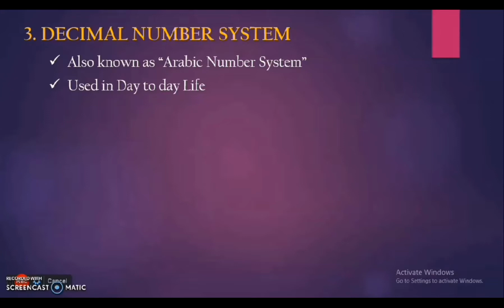So, going forward to the discussion of the decimal number system, it has a base of 10 and requires 10 digits which are 0, 1, 2, 3, 4, 5, 6, 7, 8, and 9.